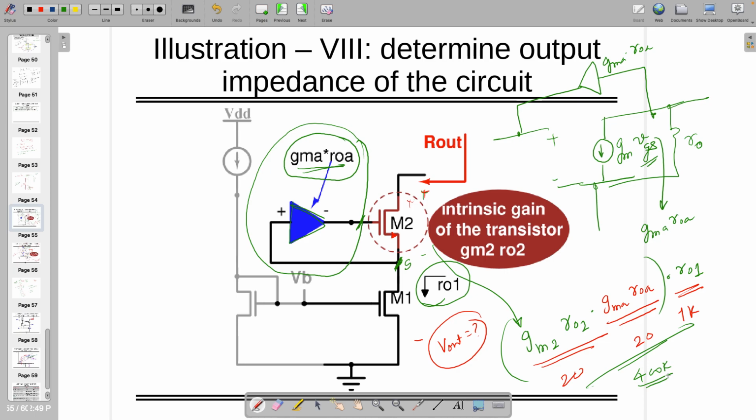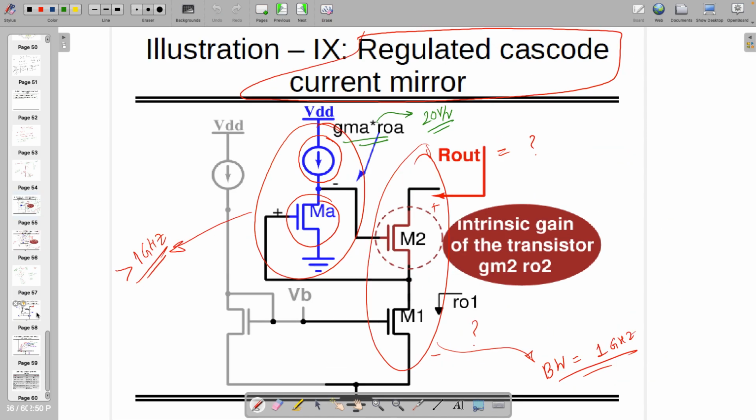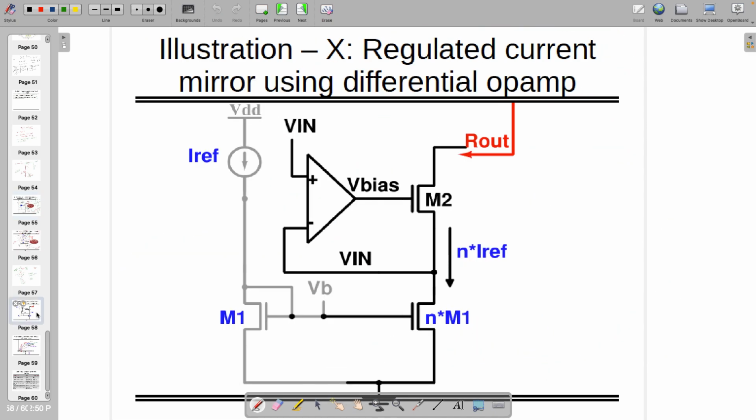So how to achieve higher impedance? The answer is not only this one. Keep a big op amp, a circuit whose gain is very high. Earlier you got just 20 volt per volt. Keep something whose gain is 1000 volt per volt, or 3000 volt per volt, or much higher. 1000 is, by the way, 60 dB.